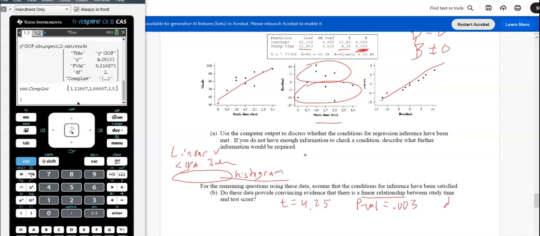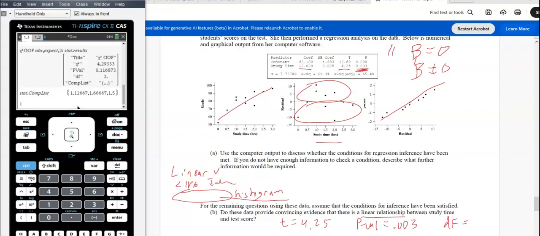And then I always like to put degrees of freedom here in our do section. Degrees of freedom is... I don't think we need to put degrees of freedom. We do need to probably define the variables.